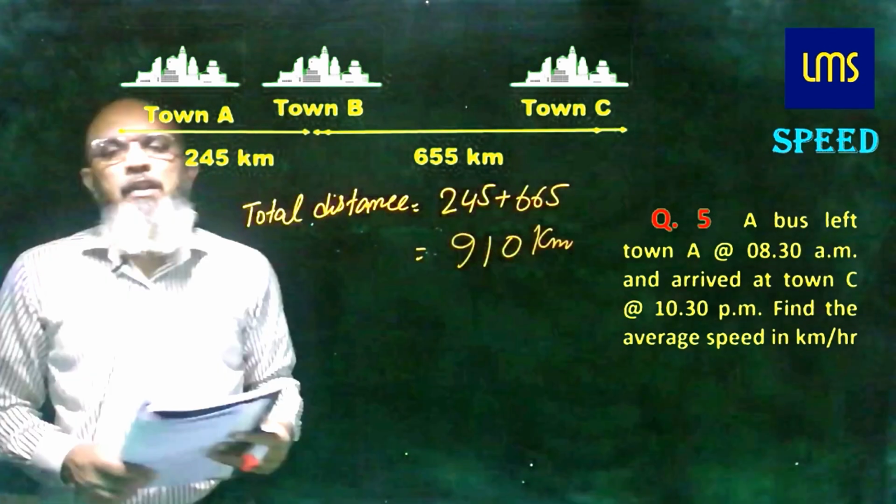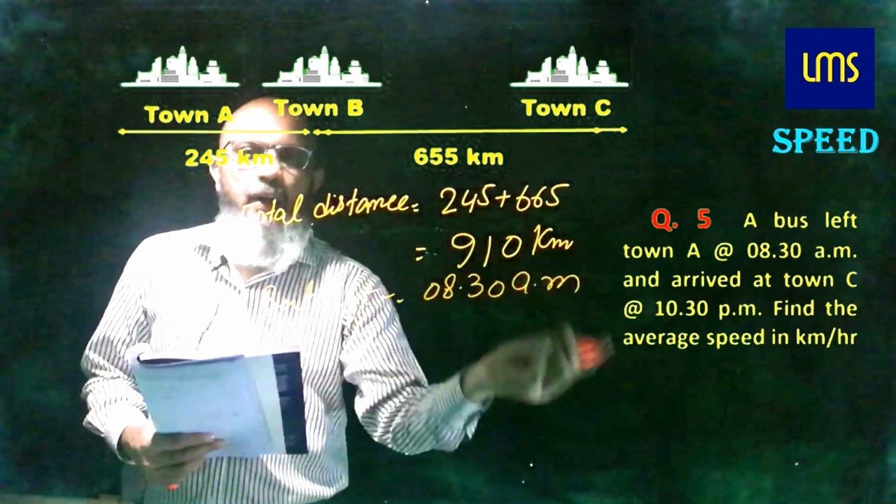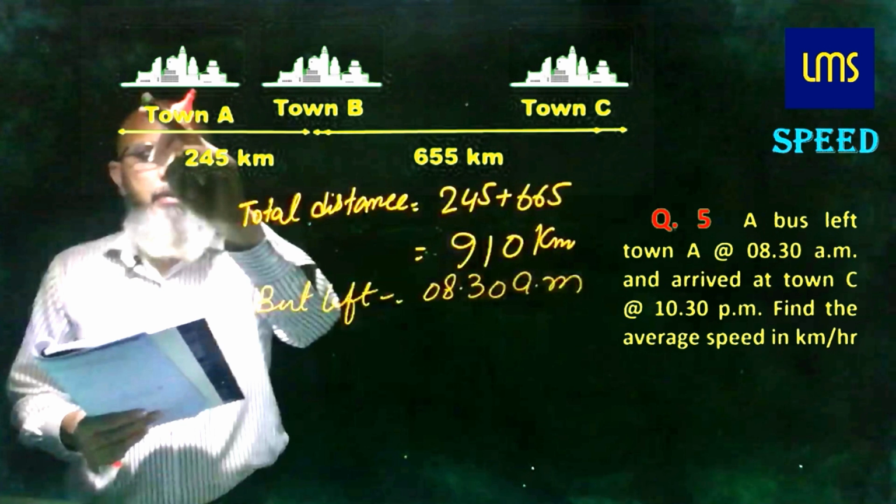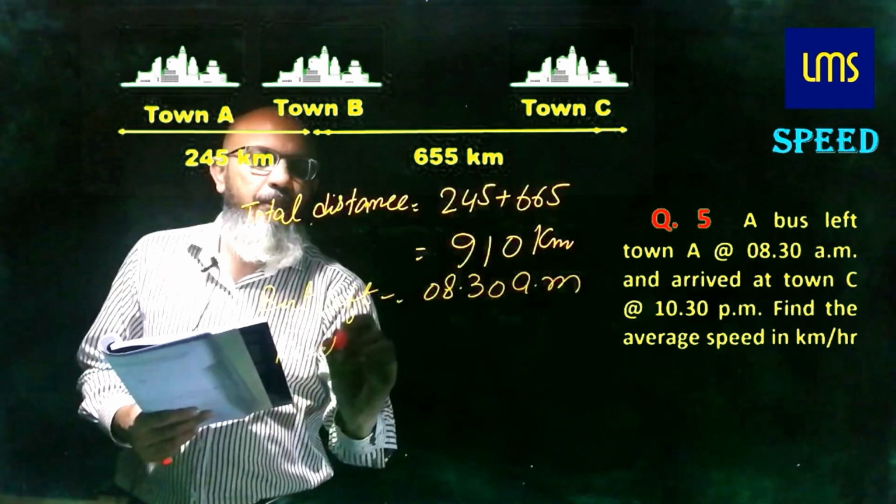A bus left from town A at 8:30 a.m. So you can write here, bus left at 8:30 a.m. and reached town C at 10:30 p.m. Now this thing matters. What is AM and what is PM?